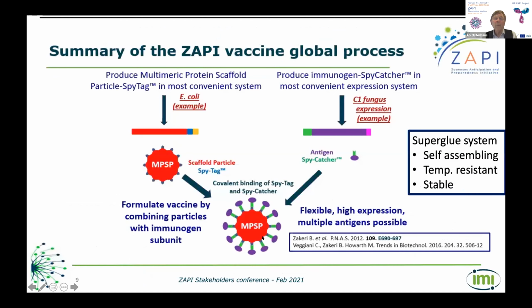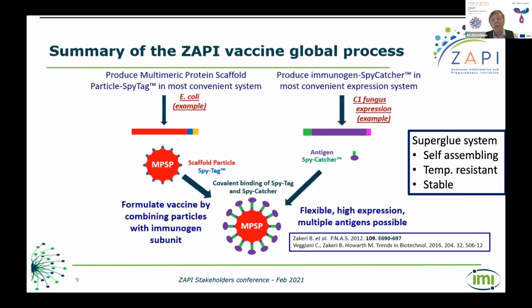So going on, we were talking, of course, all the time about the superglue systems that were presented: self-assembling, temperature resistant, stable, and I'm not going into all the details again. These scaffold particles are all about multimeric presentation, and with this very stable system that has different possibilities, as we have heard, also with the C1 fungus expression system, there are many examples of how you can put this together.